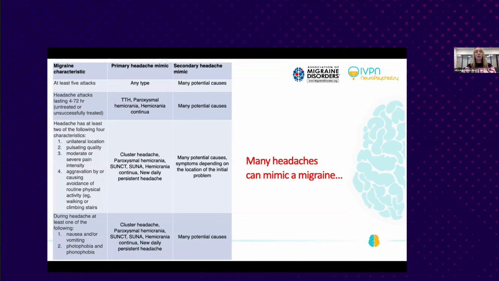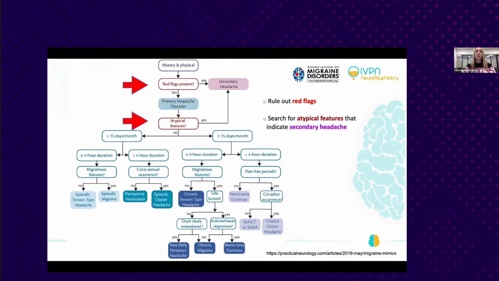Once again, let's summarize this. So primary headache mimics are only several types. So it was easy to name them here. But secondary headache mimics any condition, and all conditions can actually produce migraine-like headaches. So when should you think of that? Well, after taking history and physical examination, because you're aware of the red flags concept, you should be thinking, are there any present?